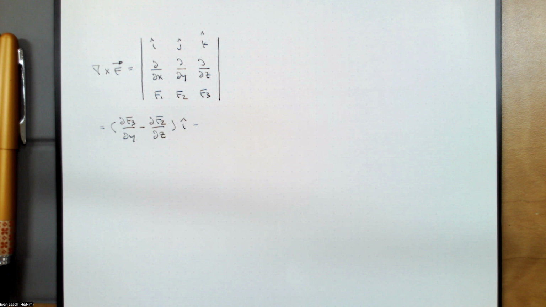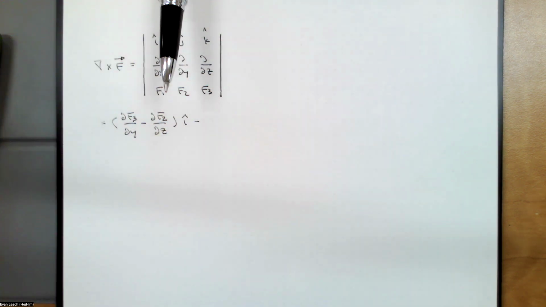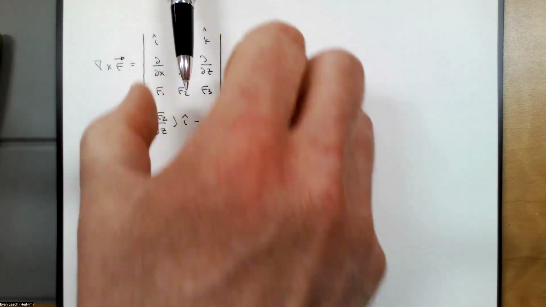If we grab the J component, take out the middle column.